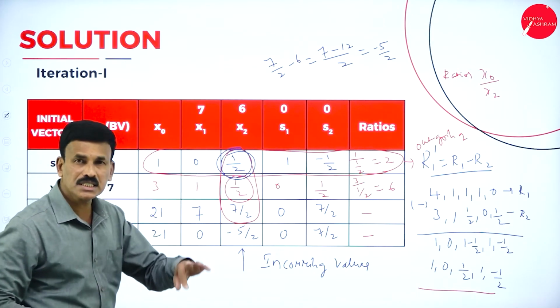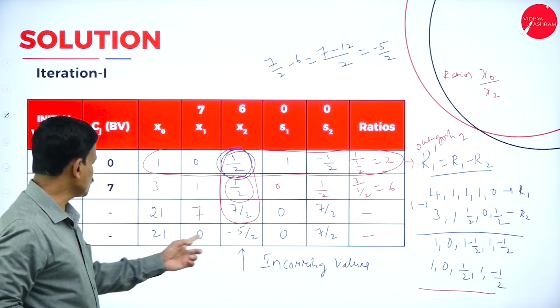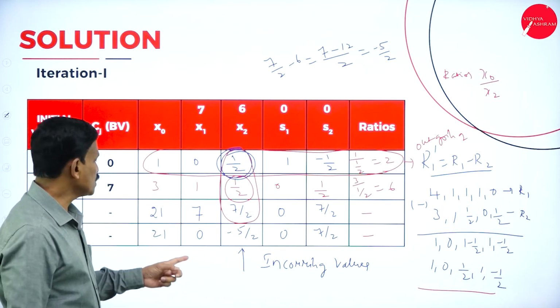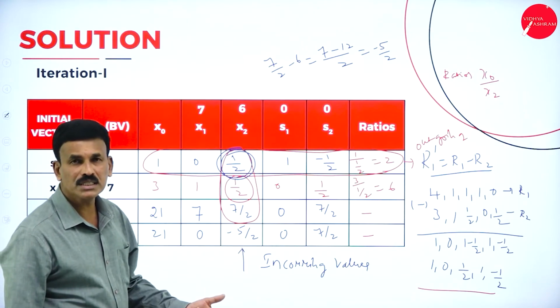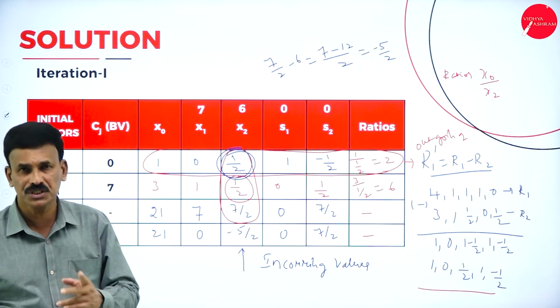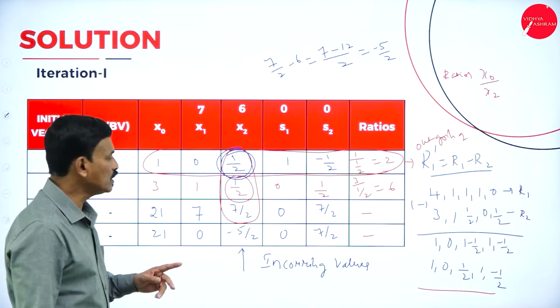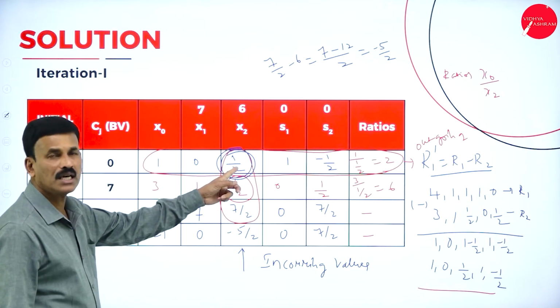Now in the next iteration, see here, if all the values in delta j row are positive, then the optimality is reached. Since this is negative, minus 5 by 2 is there, therefore the optimality is not reached. Hence we have to go for one more iteration, that is iteration number 2. So in iteration number 2, the first important step is convert this key element as 1.